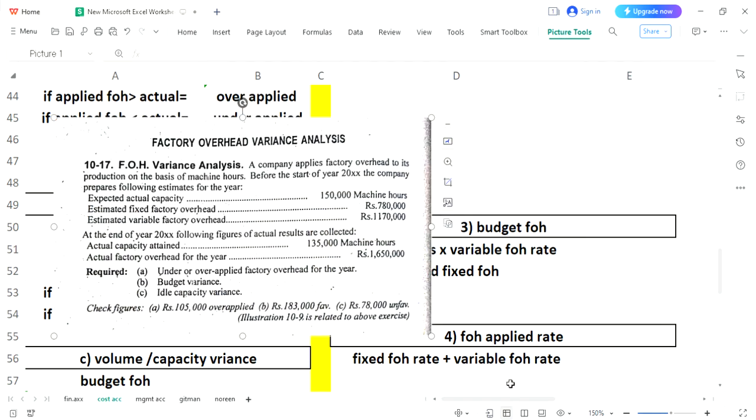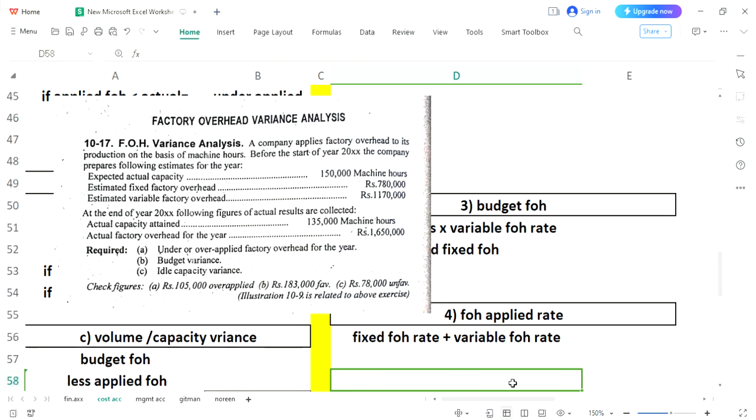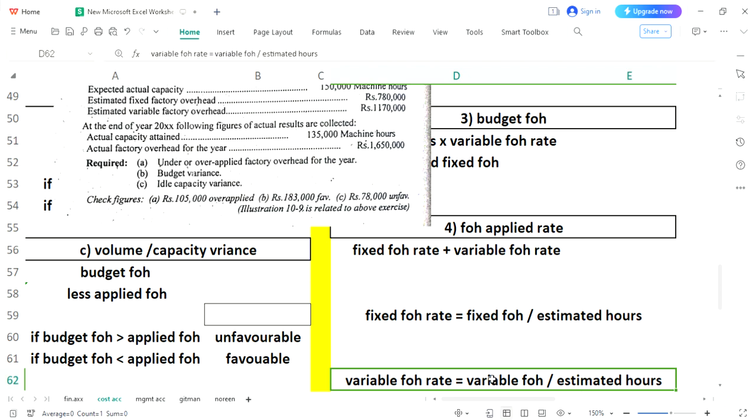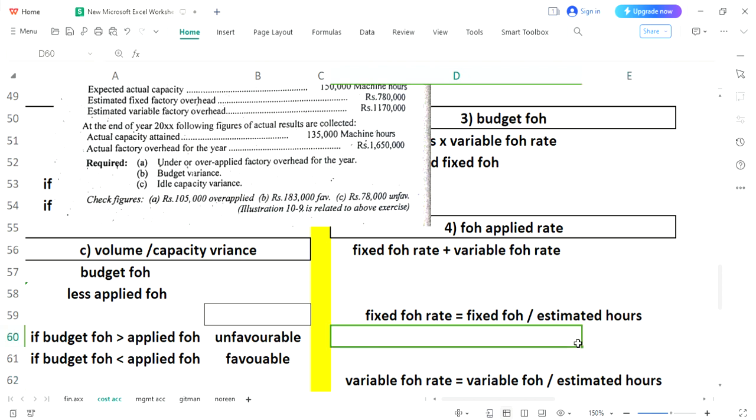For the FOH applied rate, you need two factors. You need to calculate the fixed FOH rate and the variable FOH rate. For the fixed FOH rate, what do you need? Fixed FOH should be present in the question, and you will divide it by estimated hours.